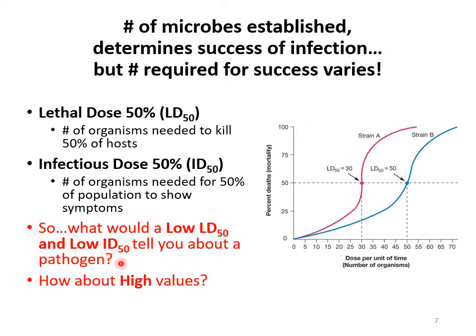Okay, so for this one, write very virulent. Whereas a high value would tell you not very virulent. Okay, low virulence, not a strong pathogen. So make sure you're very comfortable with those two terms, and if you need a little clarification, just send me a Remind message or an email.